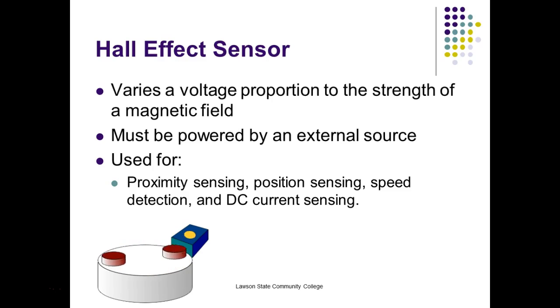They don't. But we do have two types. One of them we call latching, and the other one we call linear. So a latching one has latching circuits in it.